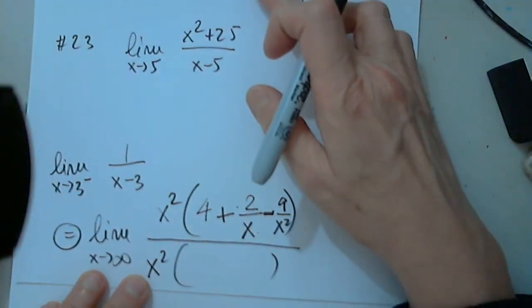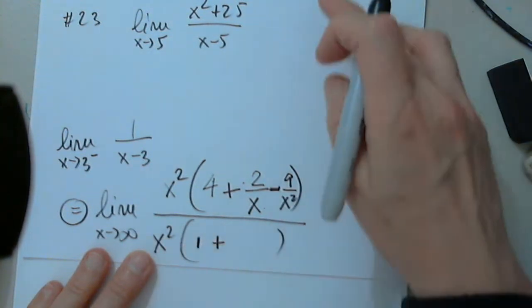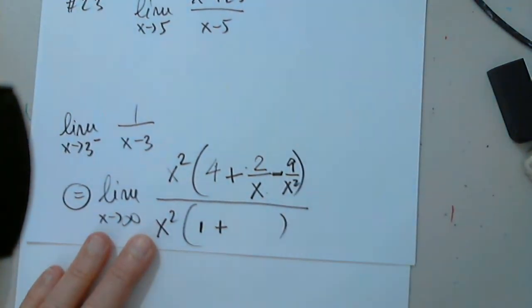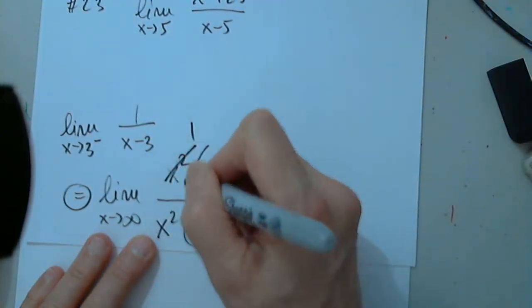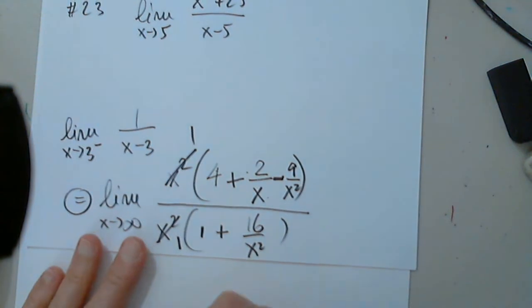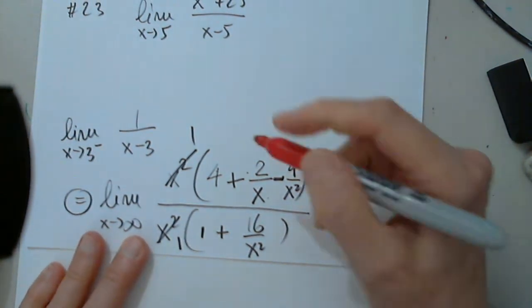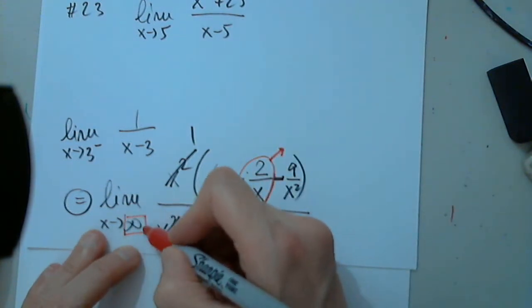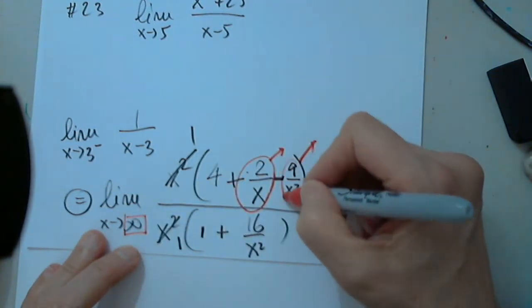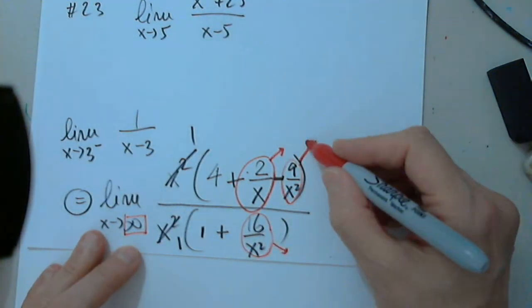X squared times what is x squared? I know you're going to say 1, plus x squared times what is 16? 16 over x squared. Good. Of course, this was the whole purpose. And now let's identify where these are going. Where is this going when x approaches infinity?